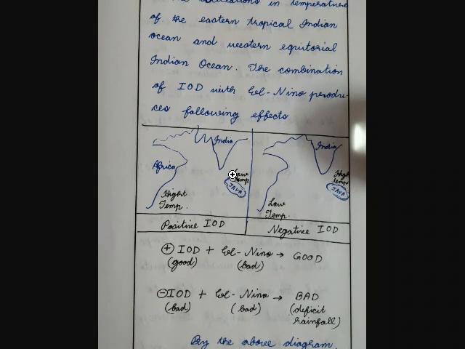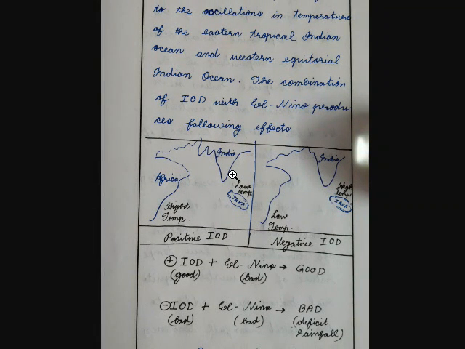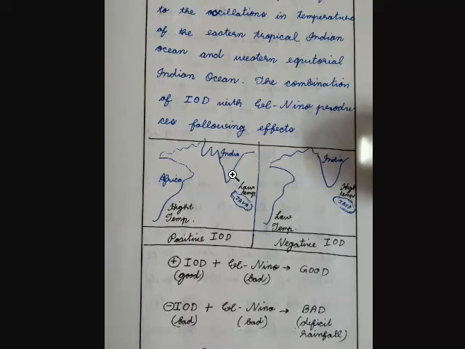So you can see in the positive Indian Ocean Dipole, on the Africa side, high temperature, and near Sumatra and Java, very low temperature. In the negative Indian Ocean Dipole, there is very low temperature in eastern Africa, and in the eastern Indian Ocean near Sumatra and Java, there is high temperature. So you can see positive Indian Ocean Dipole is very good for India.